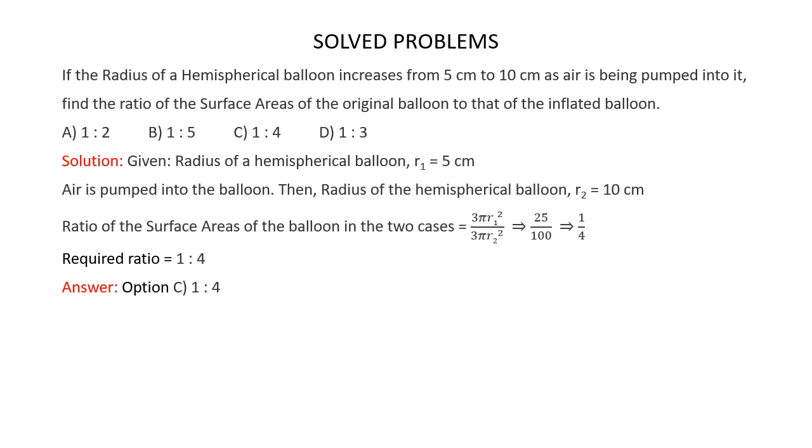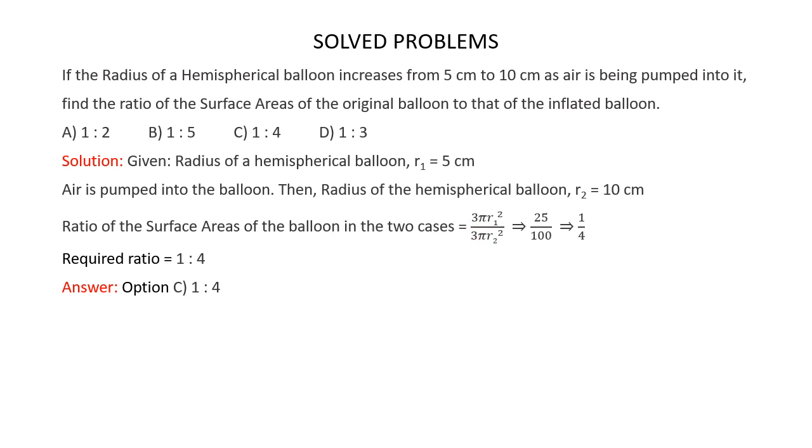Now we know that the total surface area of a hemisphere is 3 pi r squared. So the ratio of the surface areas of the balloon in the two cases is equal to 3 pi r1 squared divided by 3 pi r2 squared. The 3 pi in the numerator and 3 pi in the denominator gets cancelled out.